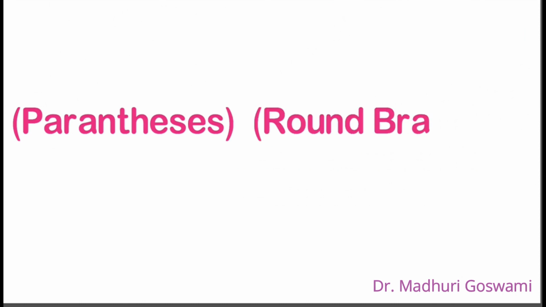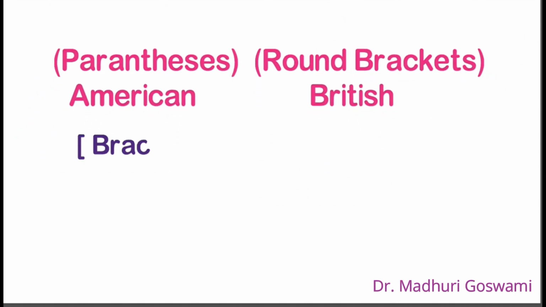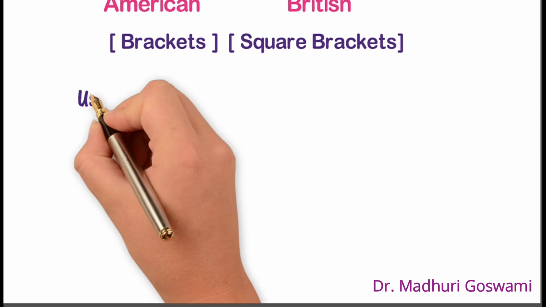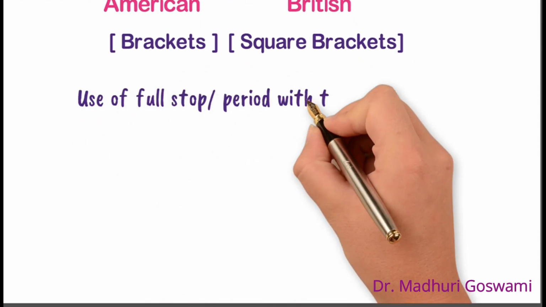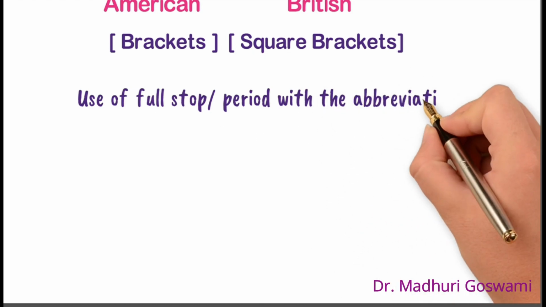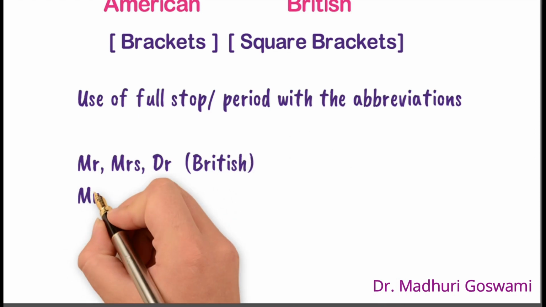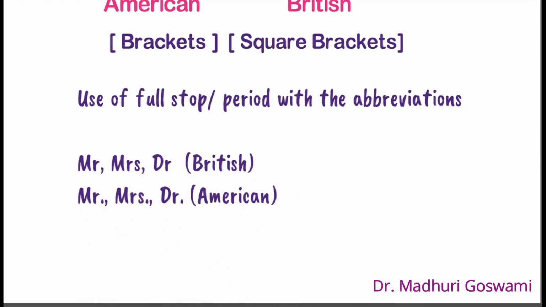The round or curved brackets are known as parentheses in American English, and square or box type brackets are known as just brackets in American English. In British English, we don't use the full stop with abbreviations, whereas in American English, we use this full stop or period as a dot with abbreviations.